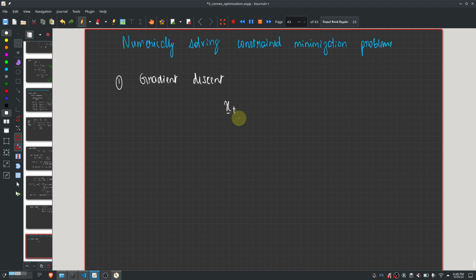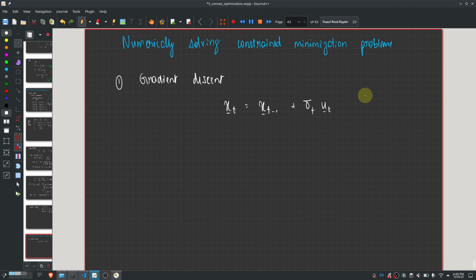In the t-th iteration, you set xt equal to x(t minus 1) plus some delta t times ut, where ut is some direction and delta t is what we call a step size.